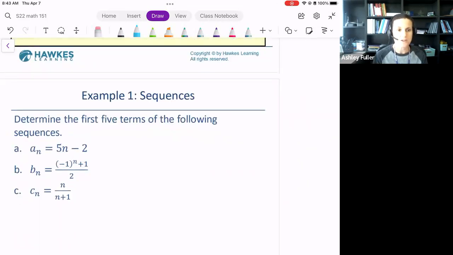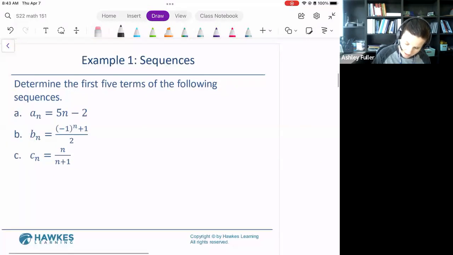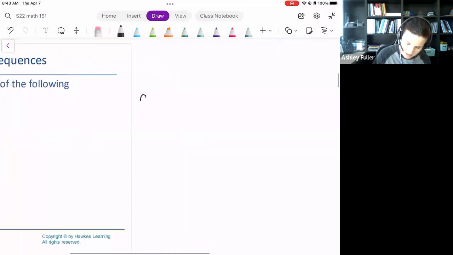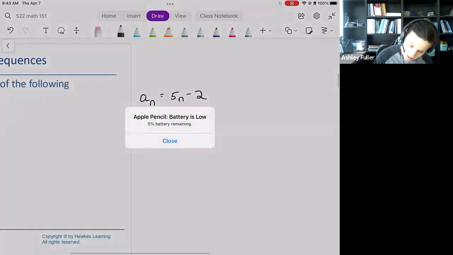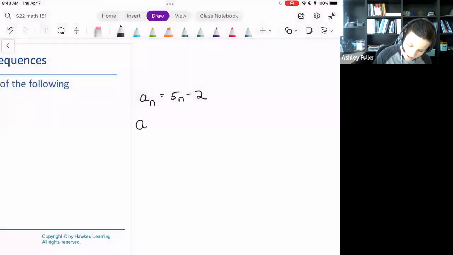Consider here the first 5 terms of each of these. Beginning with a, a sub n we know is 5n minus 2. To find a sub 1, we're going to do 5 times 1 minus 2, which gives us 3.